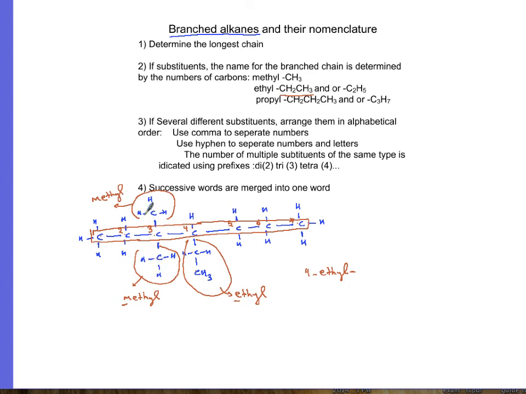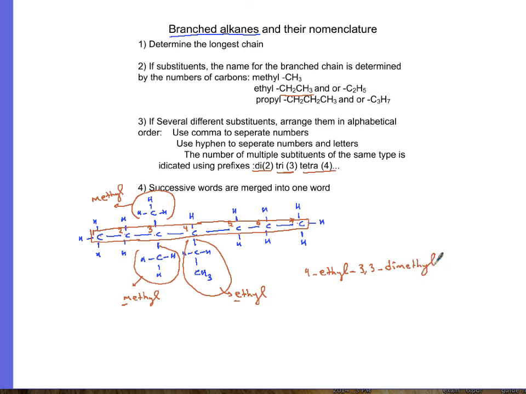You have to repeat the number twice with a comma, 3,3. Since you have methyl and methyl, you can use the following. If you have 2 of the same, call it di. If you have 3 of the same, tri. If you have 4, tetra, and so forth. So 4-ethyl, 3,3, methyl, methyl becomes dimethyl.